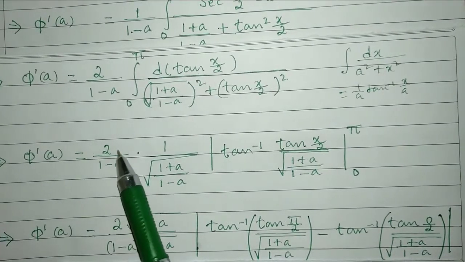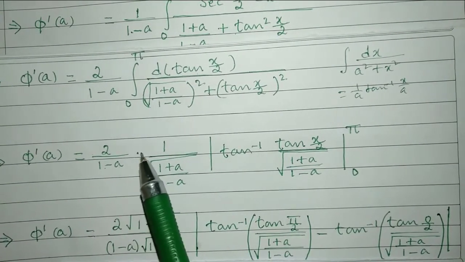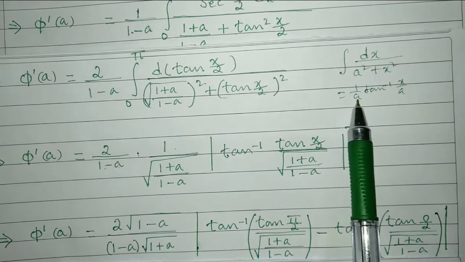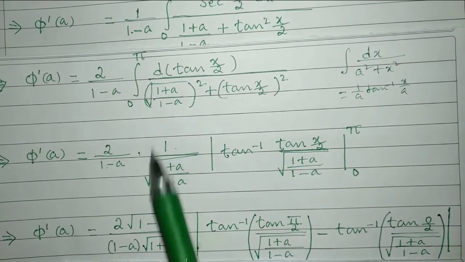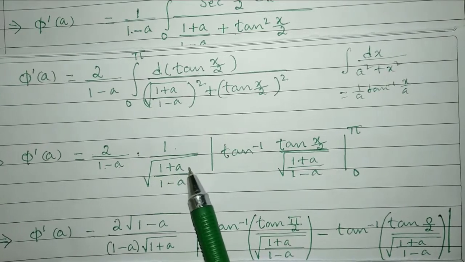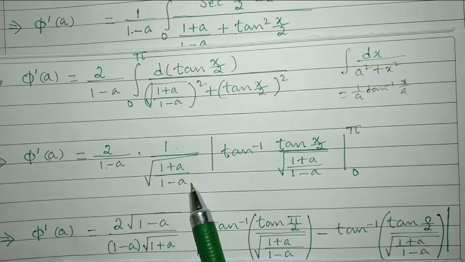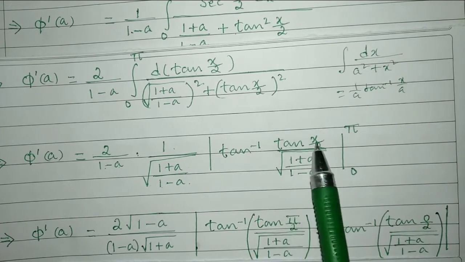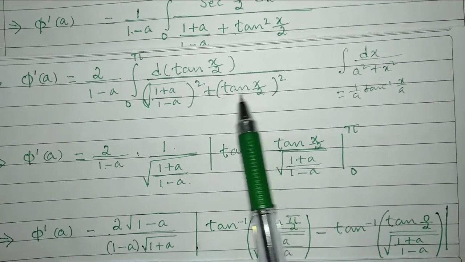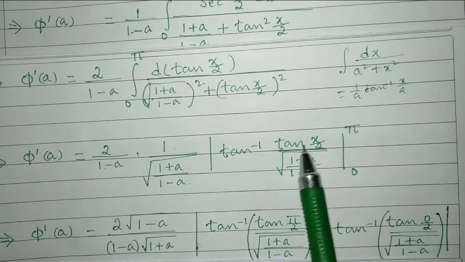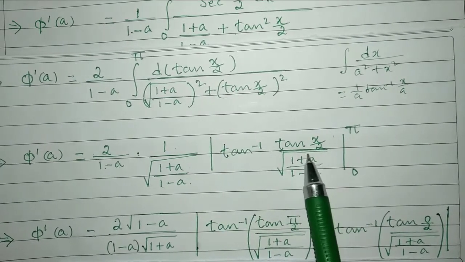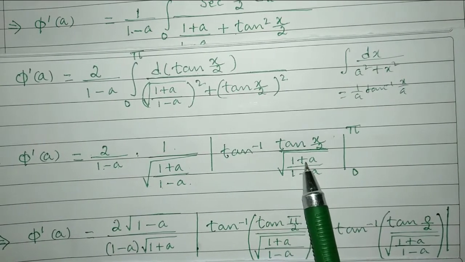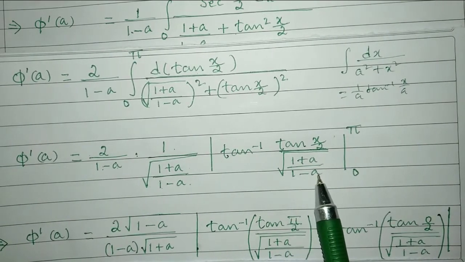Then we have 2 upon (1 minus a) into 1 by a. What is a in this case? Root over (1 + a) by (1 minus a). Tan inverse x by a, where x in this case is tan x/2, so tan x/2 by a, where a is root over (1 + a) by (1 minus a).